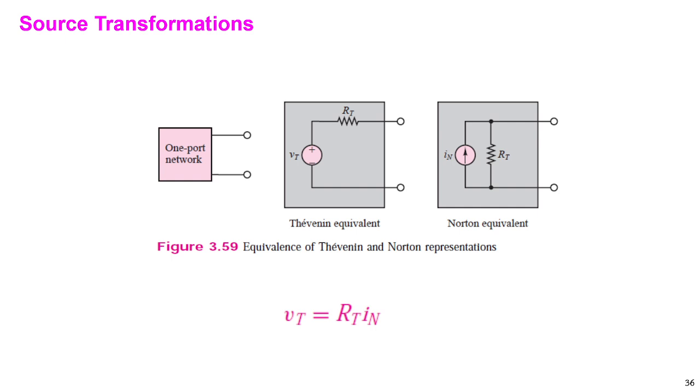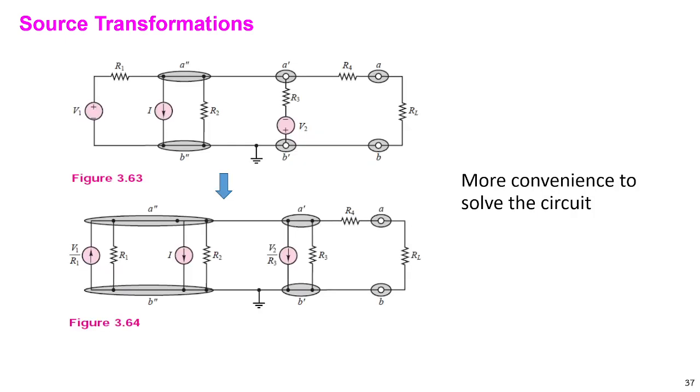So source transformation is the Thevenin and Norton equivalent. Source transformation is convenient when, if you have the Thevenin form, you convert it into Norton form.